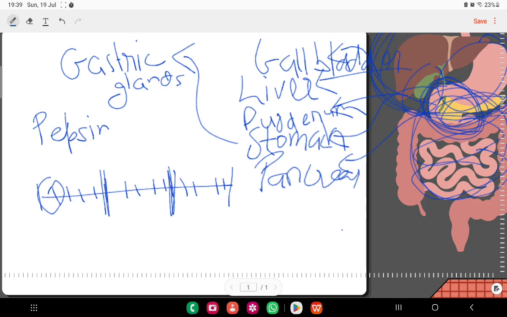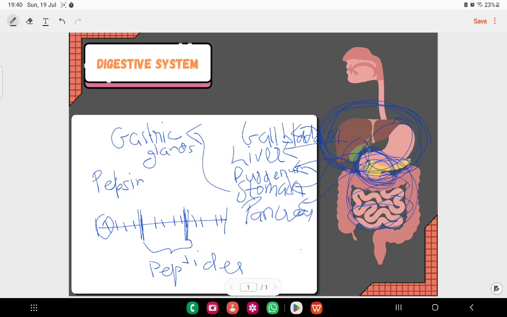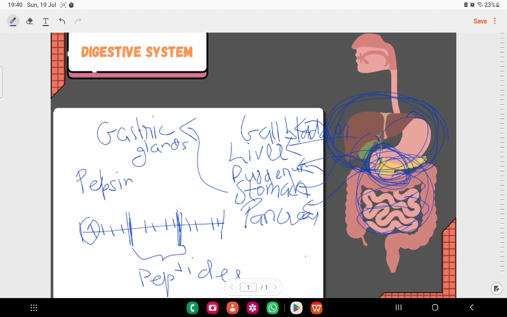First, the protein is broken down by pepsin into peptides. It stays in the stomach for around 3 to 4 hours, because it's a long process, obviously.